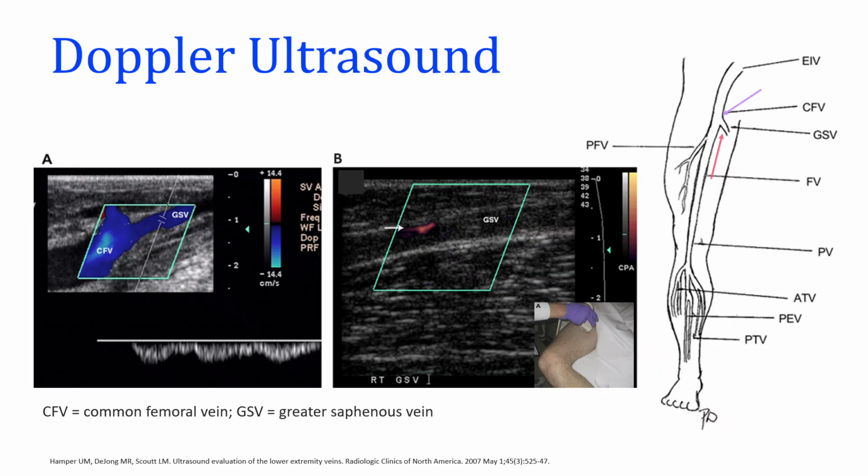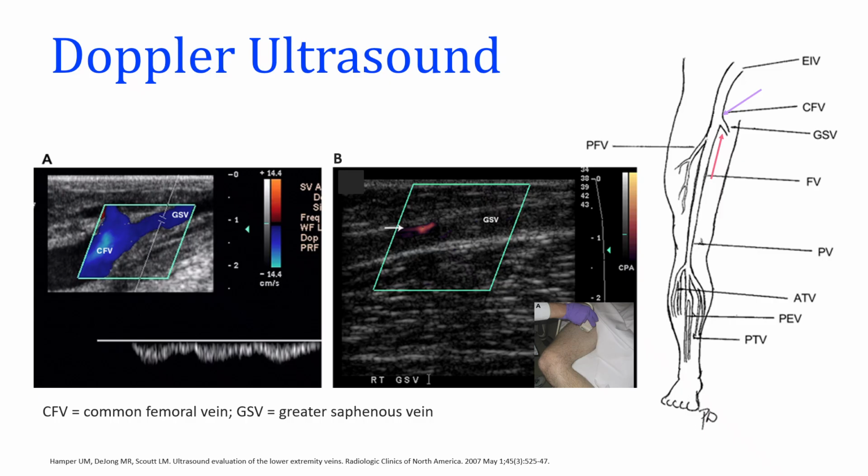This slide demonstrates the role of Doppler ultrasound in the diagnosis of DVT by evaluating blood flow within the venous system. In image A, color Doppler shows normal venous blood flow at the junction of the greater saphenous vein and the common femoral vein.